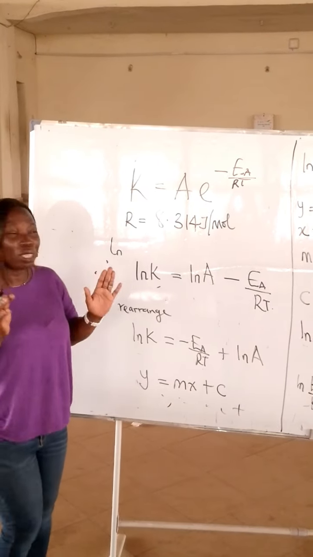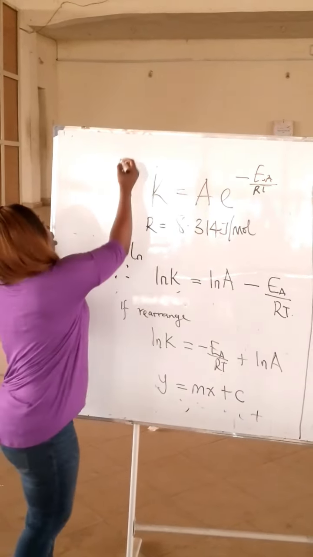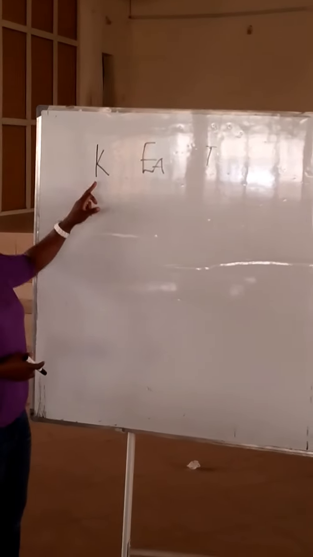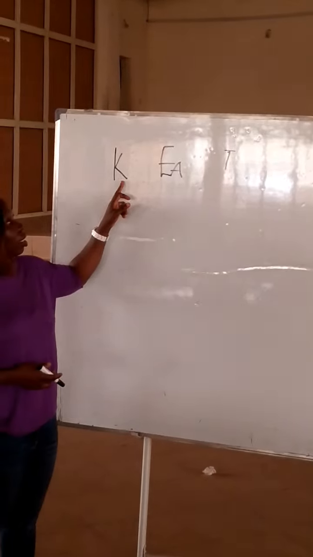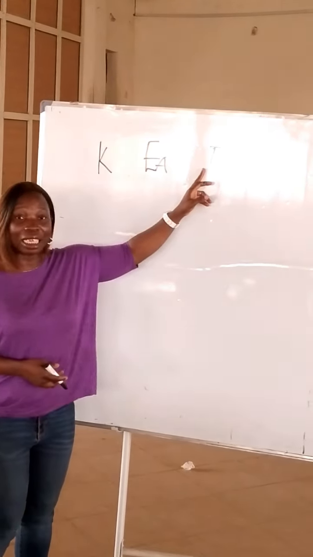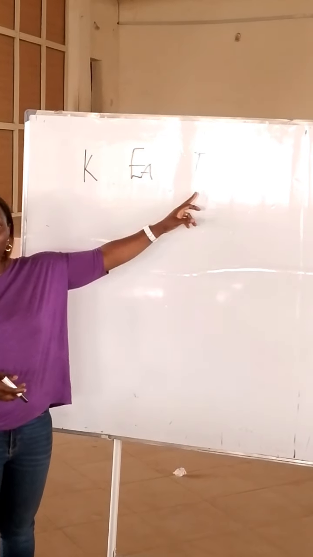So it is better understood when we use an arrow to represent this. So k is rate constant, Ea is activation energy, and T is absolute temperature.